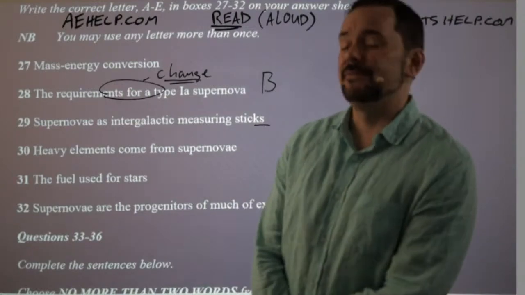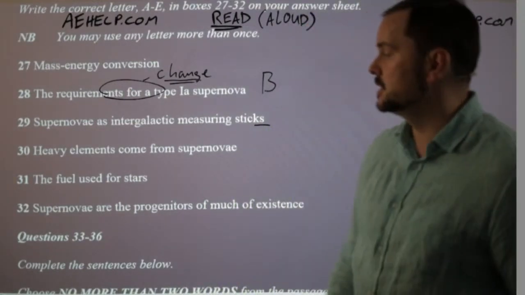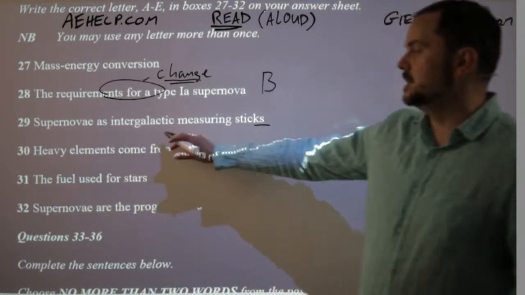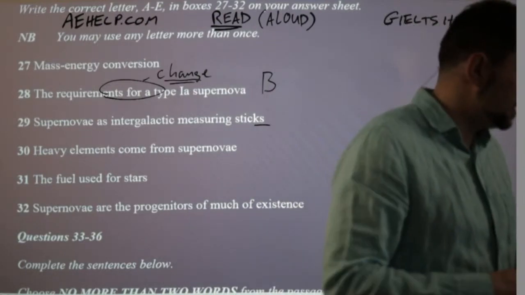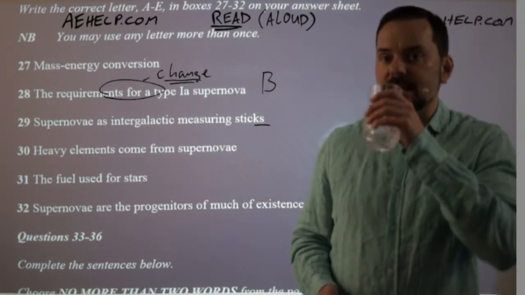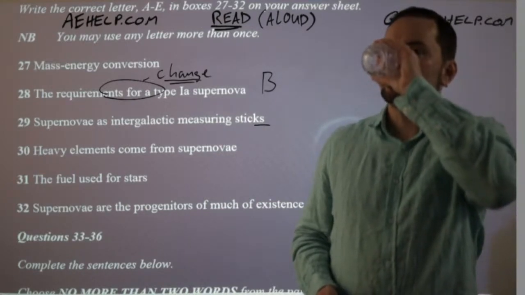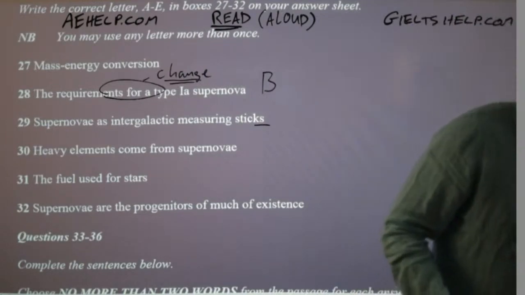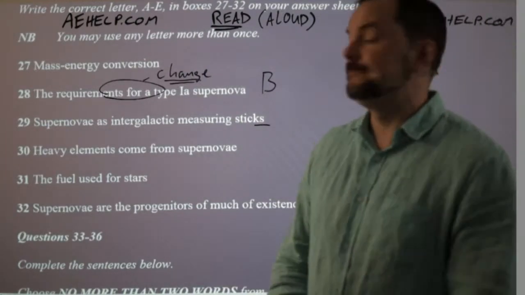Again, when you only have 5 paragraphs, you should not have to look at the reading to answer this. So supernovae as intergalactic measuring sticks. Which one is that? Which paragraph talks about that?